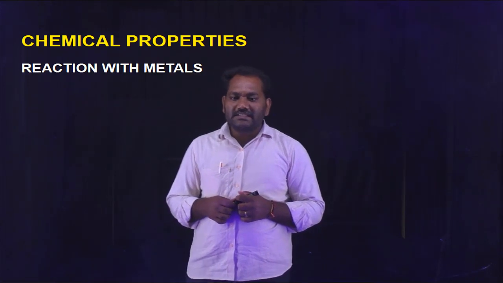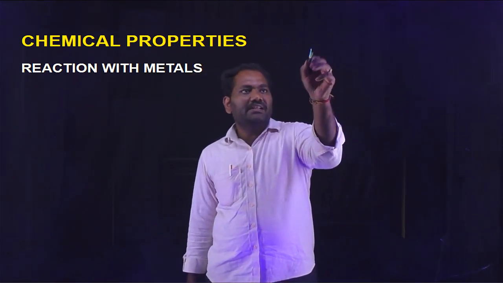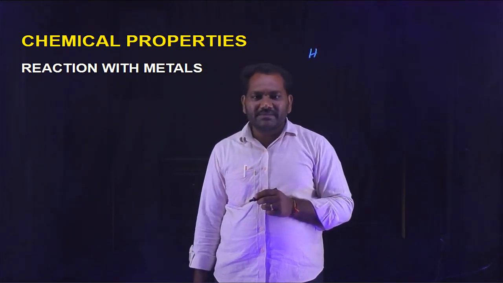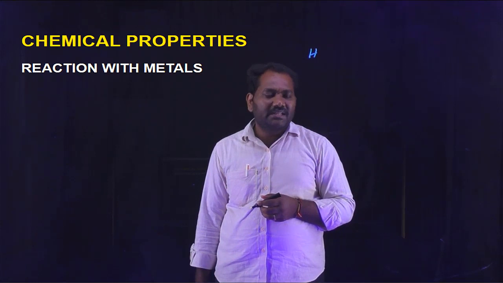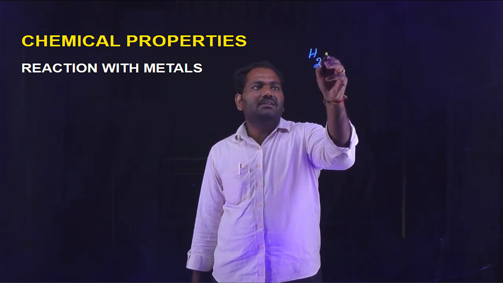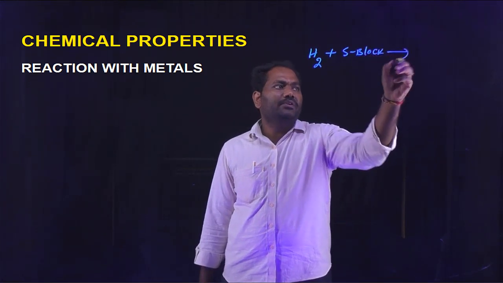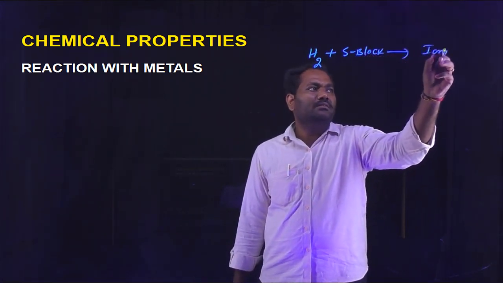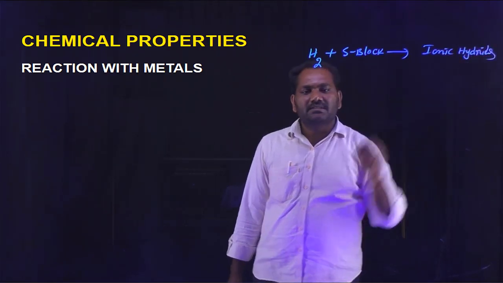Let's discuss the reaction of dihydrogen with metals. Metals here means all s-block, d-block, and f-block elements. When dihydrogen reacts with s-block elements, it gives ionic hydrides.